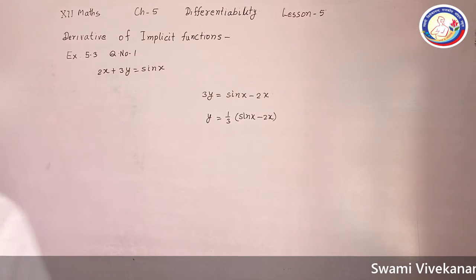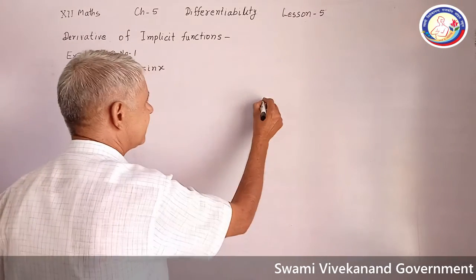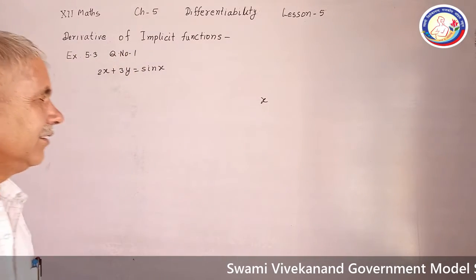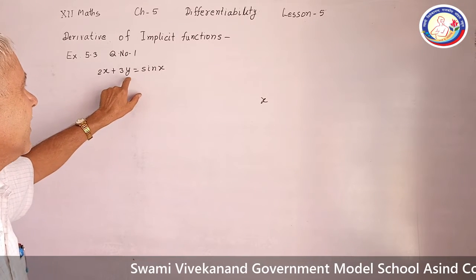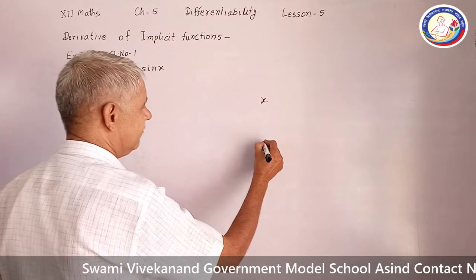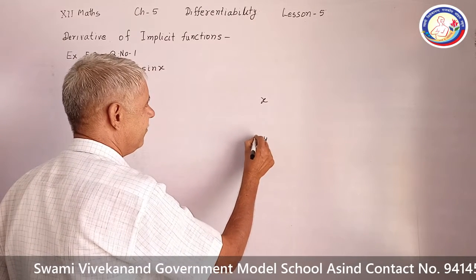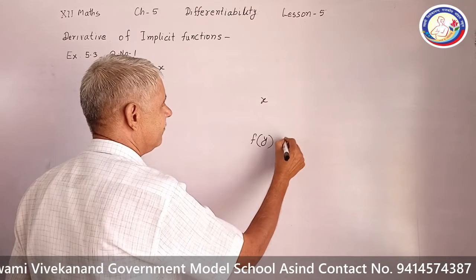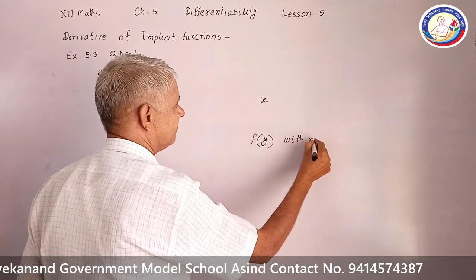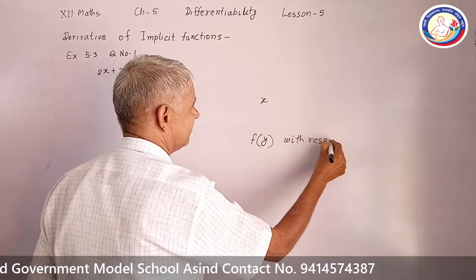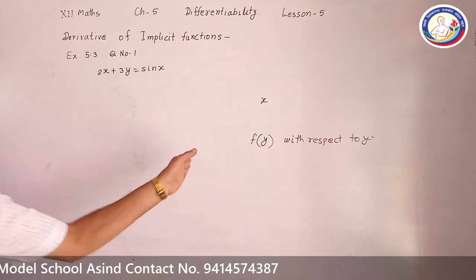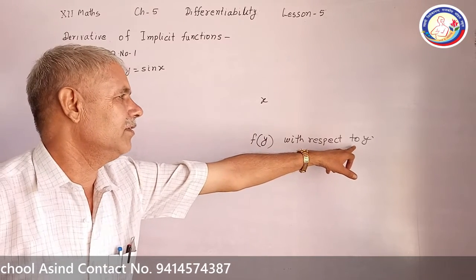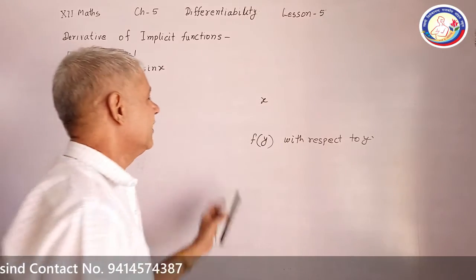Now what will we do? We will differentiate x as usual, as we were doing previously. But where y is there, first of all, we will differentiate y or function of y with respect to y, and then find dy by dx, or derivative of y with respect to x.